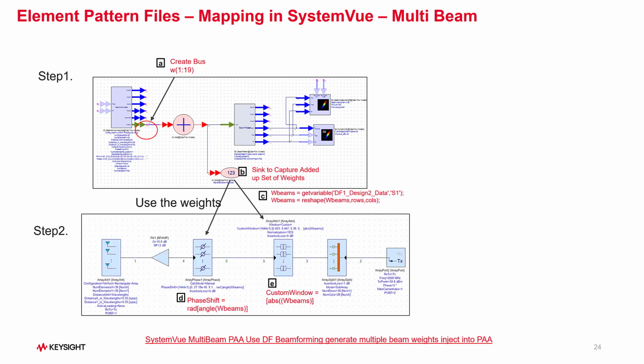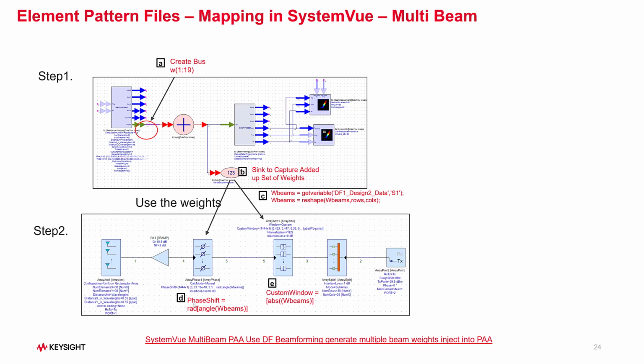So once we capture the beam weights, we are going to bring them into the phased array analysis schematic in the frequency domain. The way we do that is we use this syntax to extract W beams, and then we reshape the W beams as a row by columns matrix.